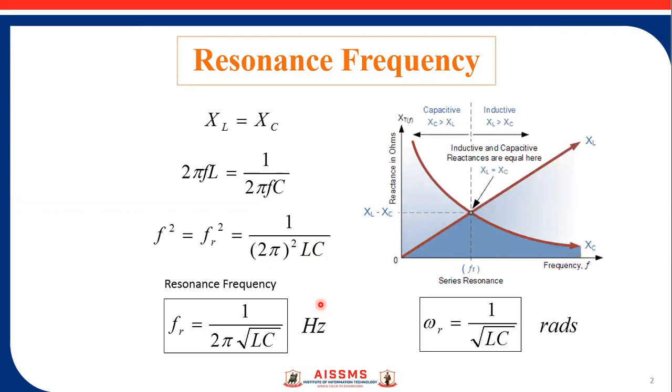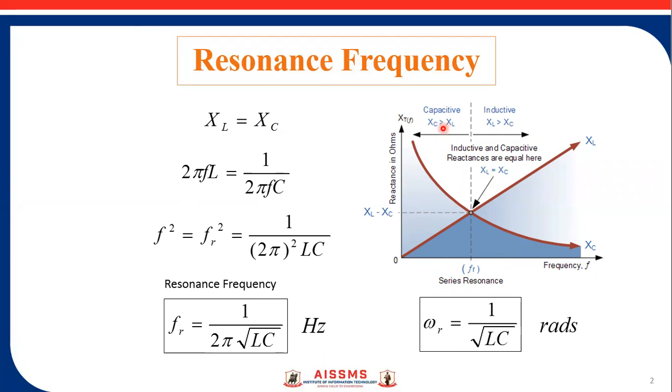Now, this is a reactance versus frequency graph. The series resonance frequency is FR, and the condition is XL equal to XC. When the frequency of a circuit is less than the resonant frequency, the circuit becomes capacitive. That means if frequency is less, XC increases.